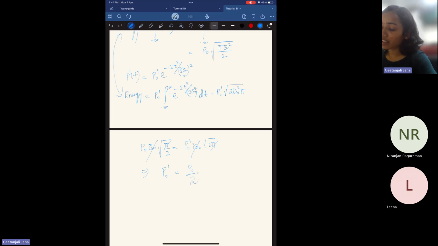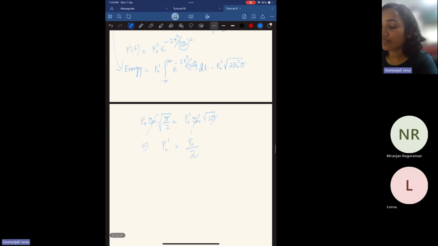So the peak value of power will decrease to half of its initial value. This is only for the case when we are increasing the temporal width to 2 times the initial width. And you can easily calculate, just use the energy conservation rule.